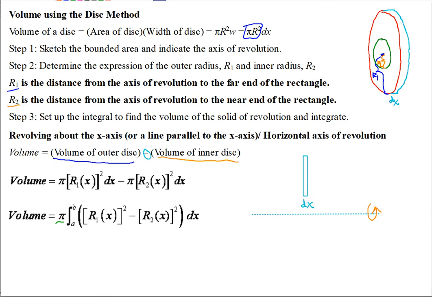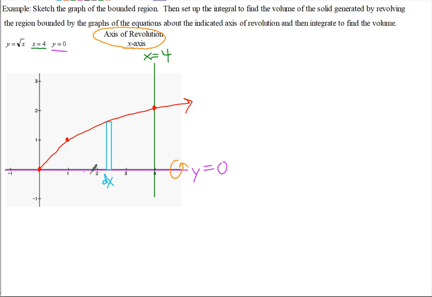So a little mnemonic device, you can remember perpendicular. That's when you use the disk method. And that's what we have right here. Rectangle and axis of revolution are perpendicular, so we use the disk method.